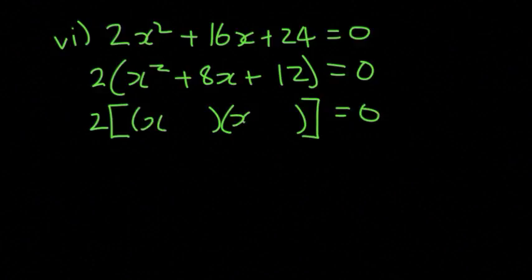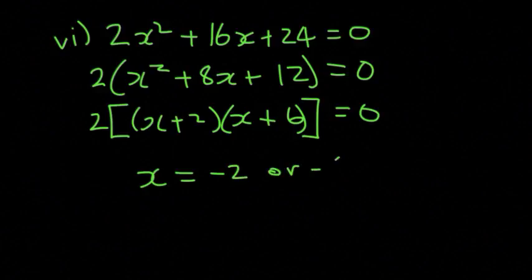And when we factorise that, we'll have plus 2 and plus 6. And what we find then, after we've taken out the common factor and then factorised the quadratic, is that x is equal to either minus 2 or minus 6.